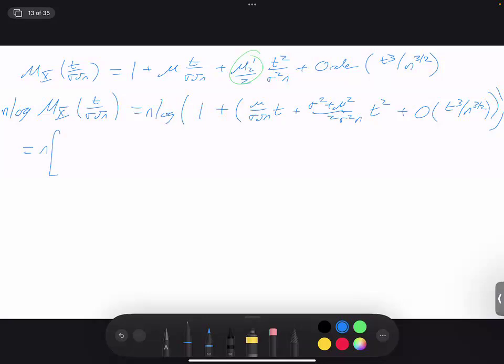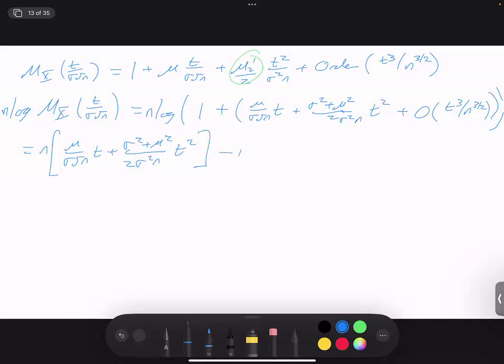So the first thing is we have the horrible mu over sigma square root of n t plus sigma squared plus mu squared over 2 sigma squared n t squared. I'm going to drop the order t cubed over n to the 3/2, because when that hits n, that's going to give me something of size 1 over square root of n.